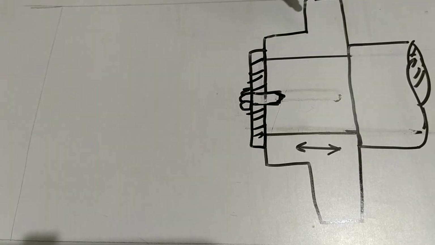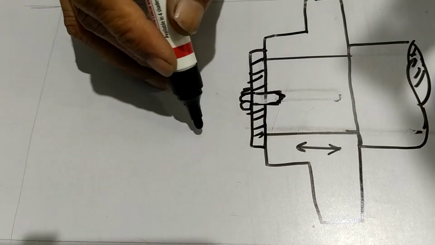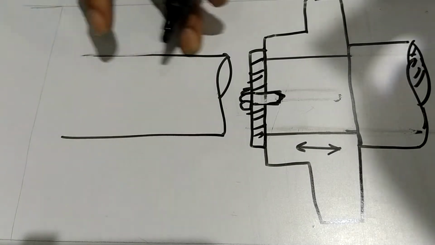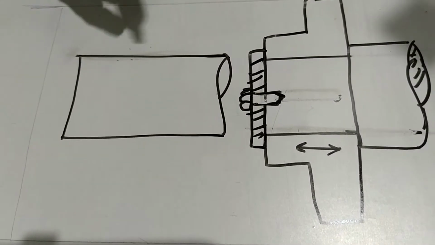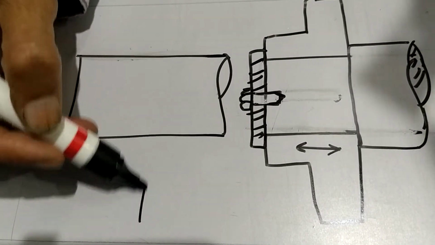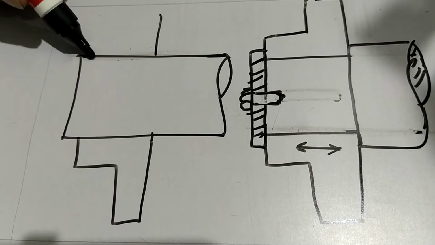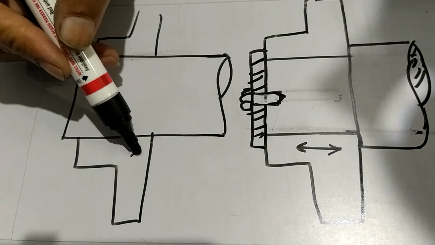This is one way of doing it, but sometimes it is not possible to do any such things, in which case what do we do? I am again going to draw the shaft, but this time the shaft doesn't have any step like this. There is no such step here, and in such a condition we are going to fit a gear here like this. And this gear we don't want to move here and there.